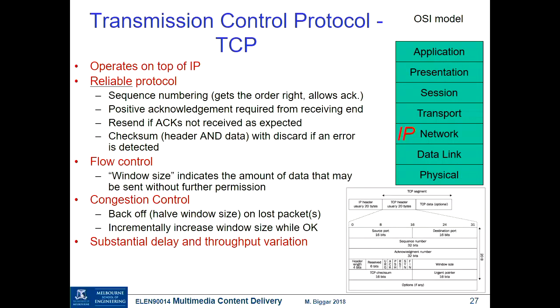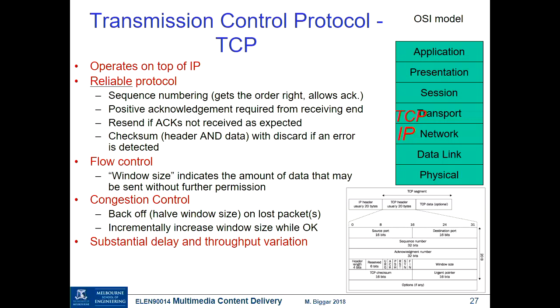Now TCP is ordinarily used on top of IP for many applications like mail and HTTP, so web surfing. So we'll look at those characteristics to see their suitability from the media streaming point of view. TCP operates on top of IP at the transport layer, so end to end, and it's a reliable protocol. It adds the features that IP doesn't have for reliability.